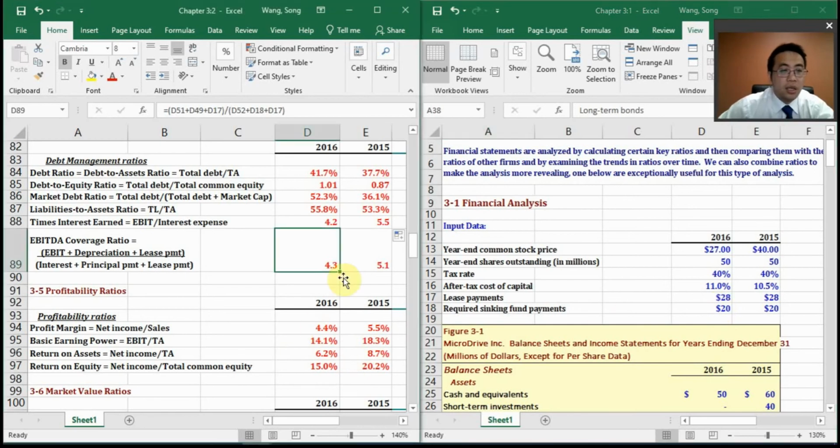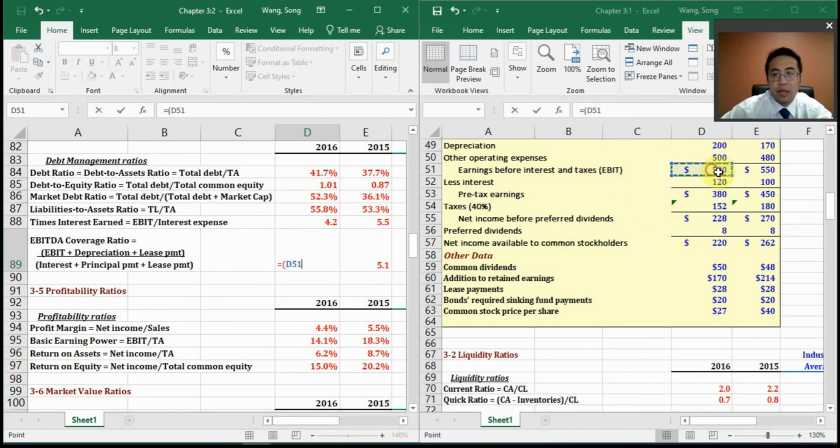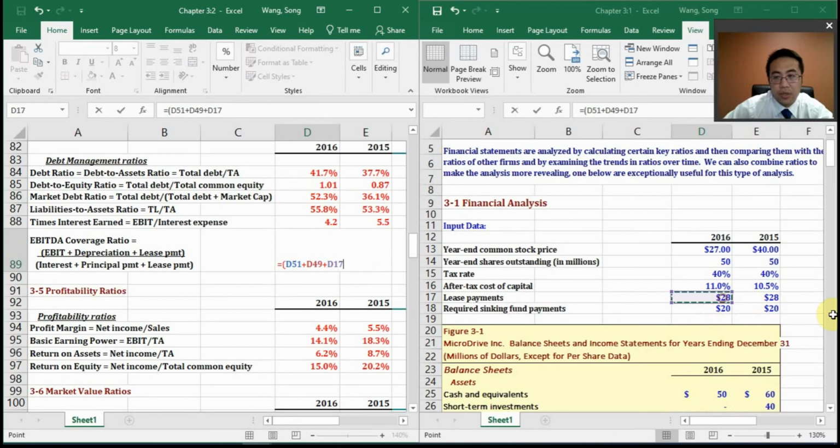Okay, so again, I will get to my EBIT from my income statement. It's right here, plus the depreciation, which is above it, plus the payment for lease, which is 28.